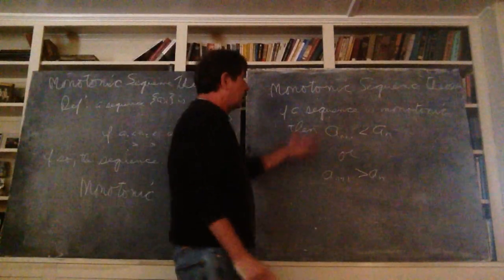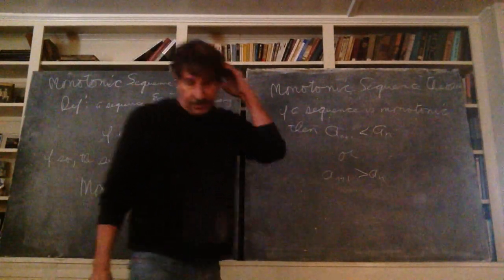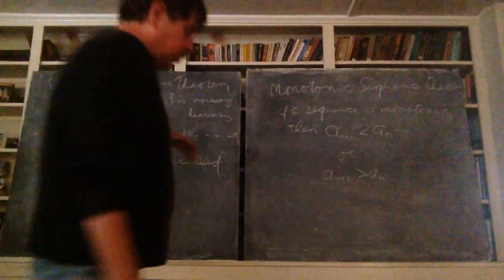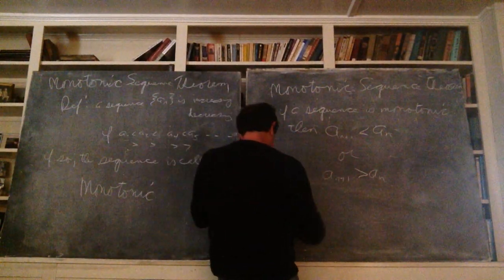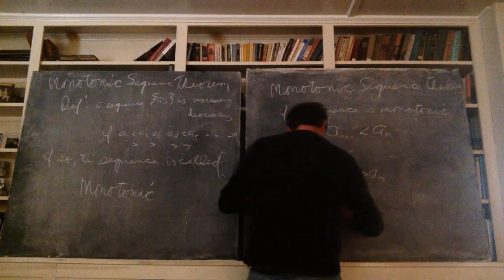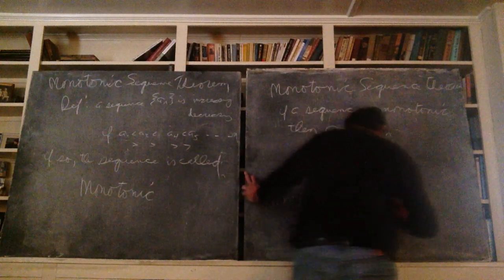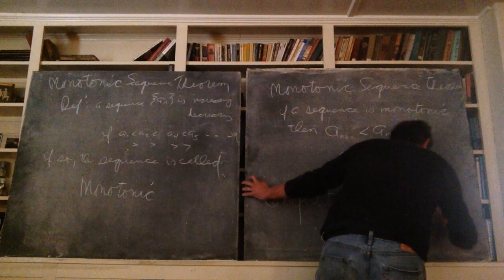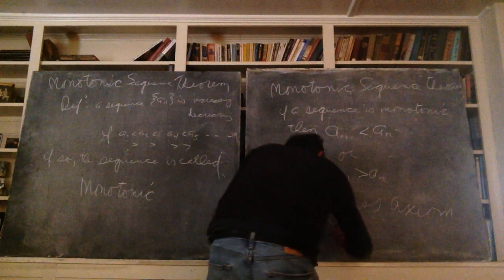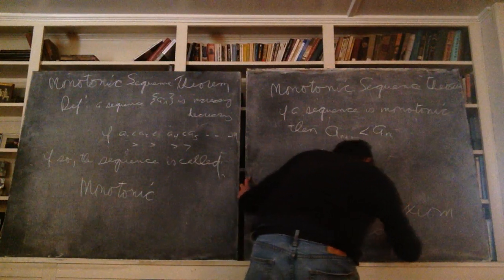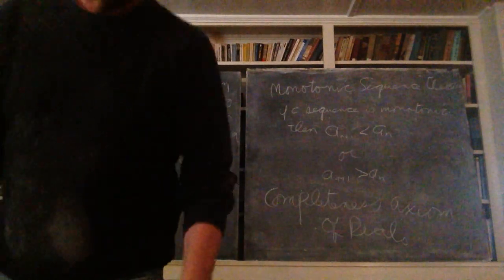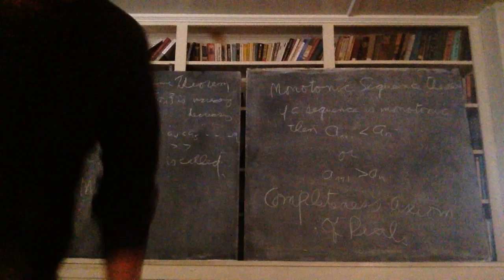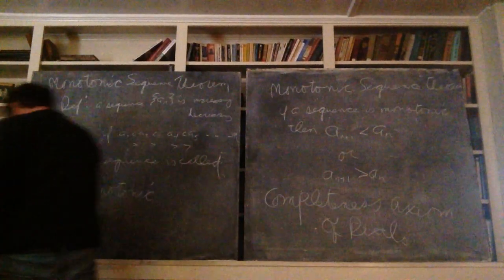And that's it. That's the theorem, essentially. We're so very close to something called the completeness axiom of the real numbers, which all of calculus depends on. All of mathematics theoretically depends on the completeness axiom.